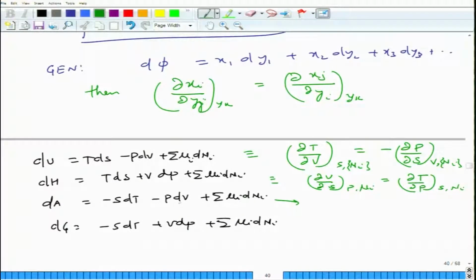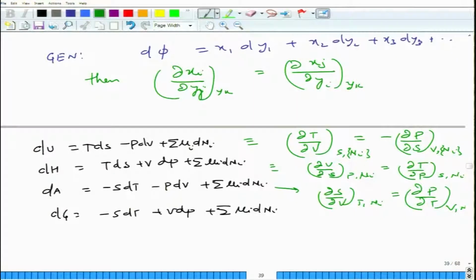So here we get more important terms. Here we get del S by del V at T and ni is equal to del P by del T at V and ni, and here we get minus del S by del P at T and ni.